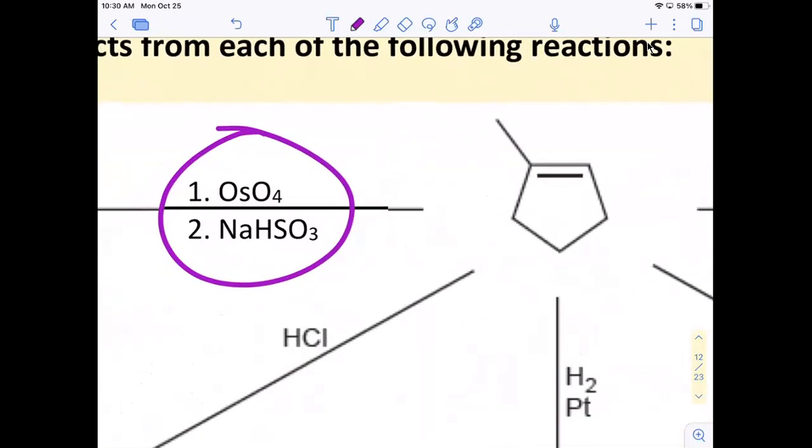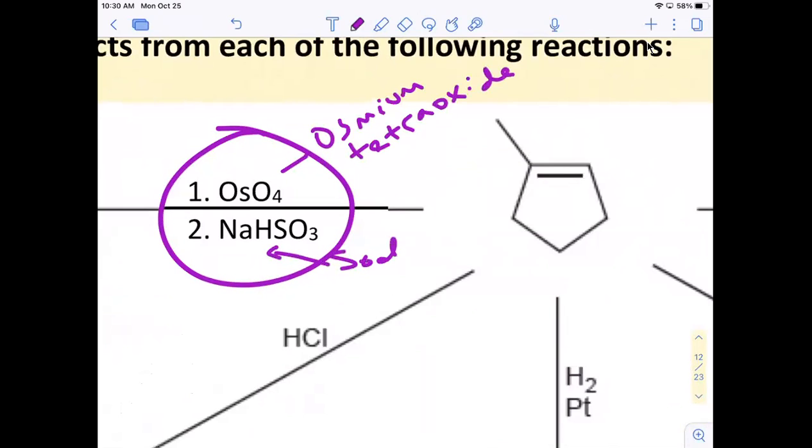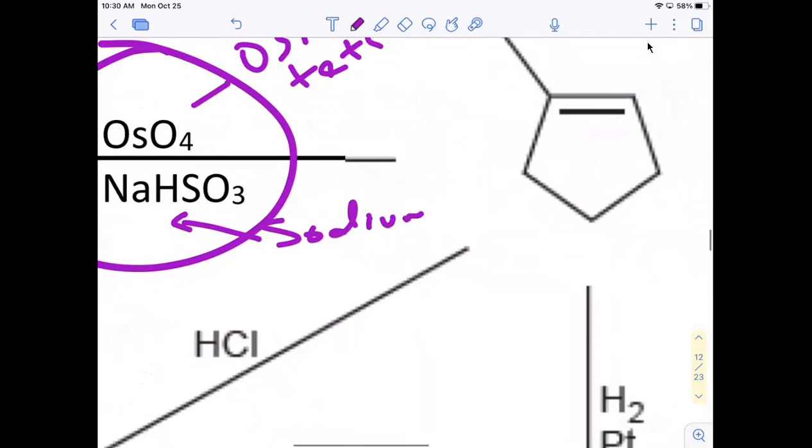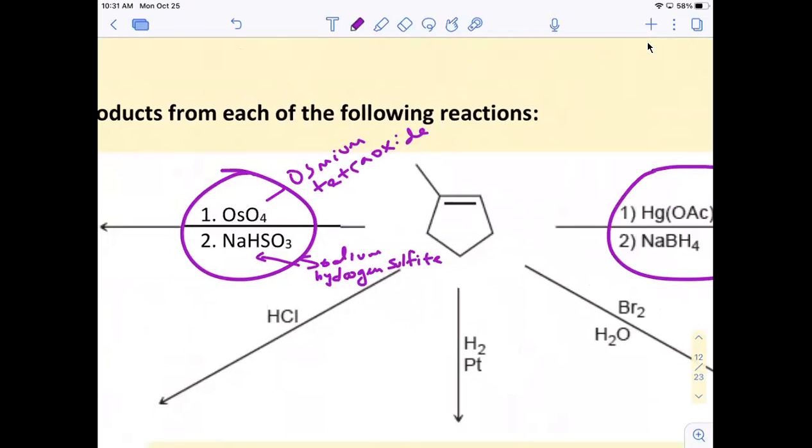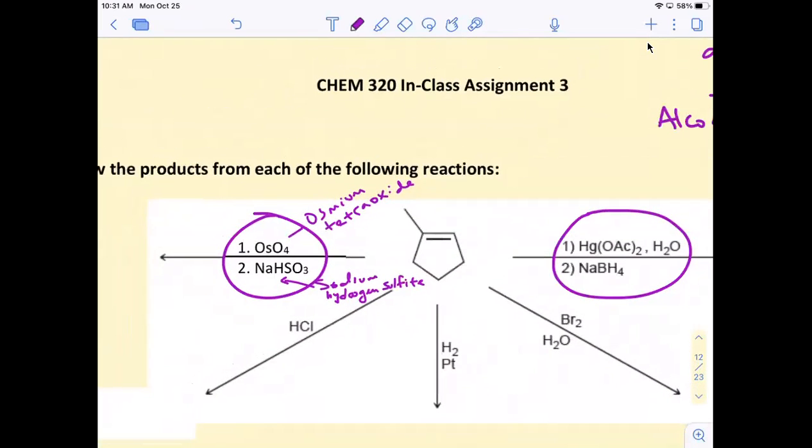Right, you have osmium tetroxide. And sodium hydrogen sulfide. Right, those are your two sets of reagents.